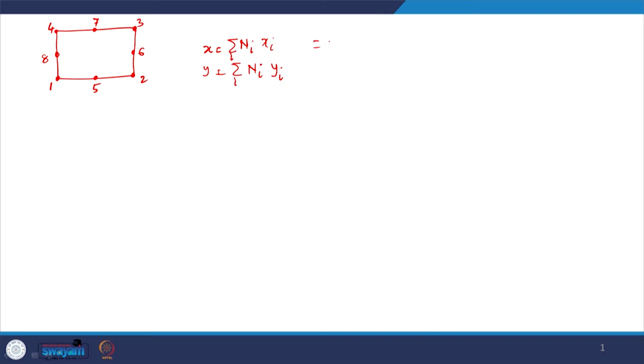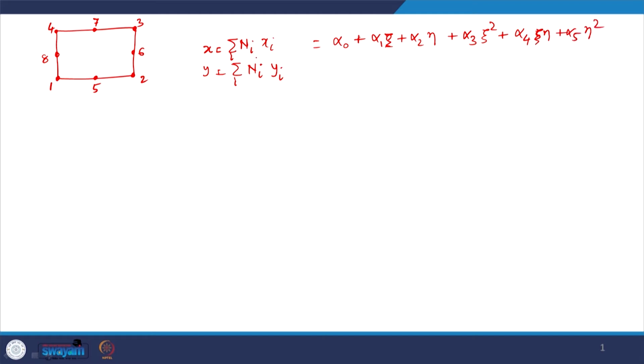x I can write as alpha 0 plus alpha 1 xi plus alpha 2 eta plus alpha 3 xi square plus alpha 4 xi eta plus alpha 5 eta square.